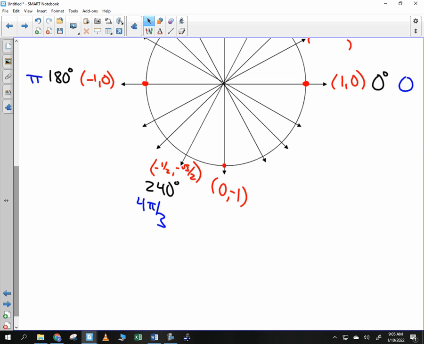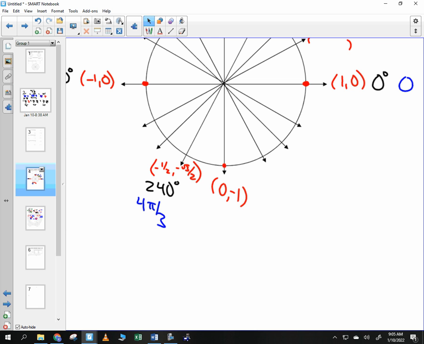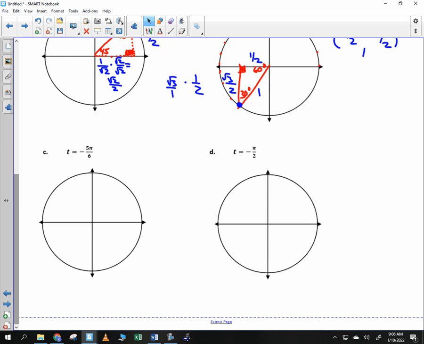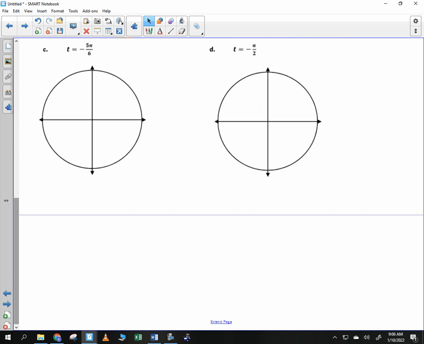We do 2 more. What's different about the next one? It is negative. So that means instead of rotating counterclockwise, I rotate clockwise. Let's convert it from radians into degrees. I multiply by 180 and I divide by pi. What happens to the pi's? They cancel. 180 divided by 6 is 30, times 5.